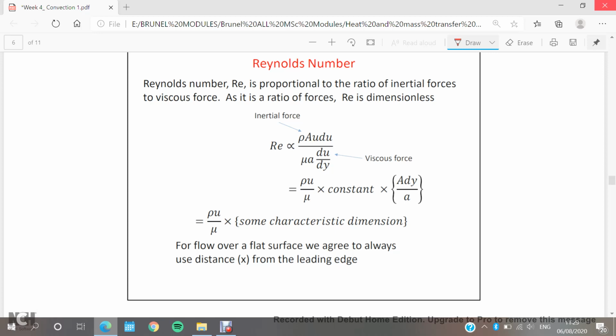Okay, in case the viscosity is dominating the flow stream movement, and the viscosity is much higher than the velocity or the acceleration or the inertia force, the flow will be viscous and it will be laminar flow.